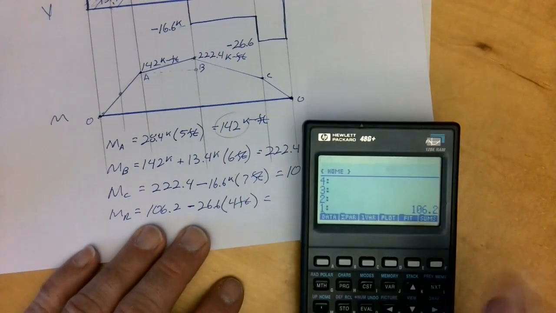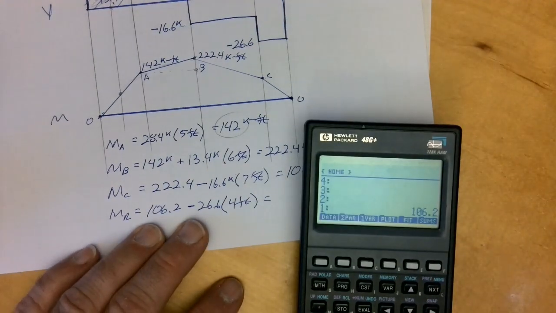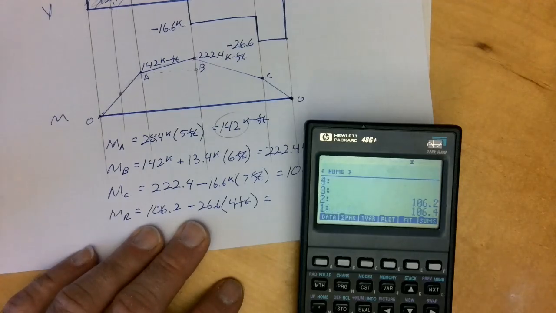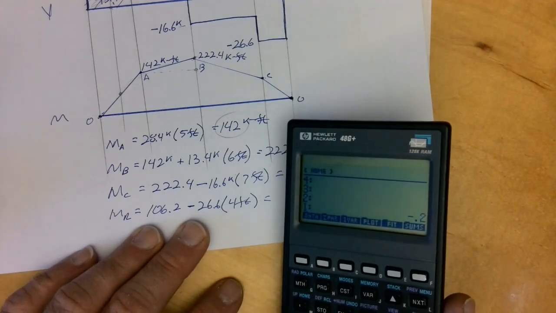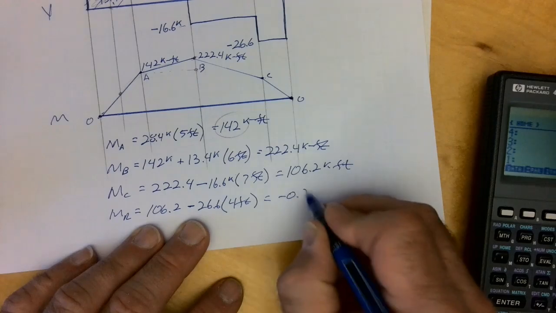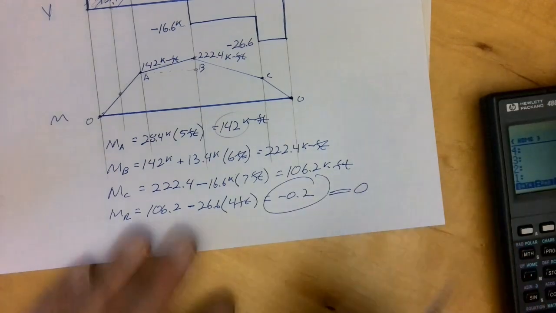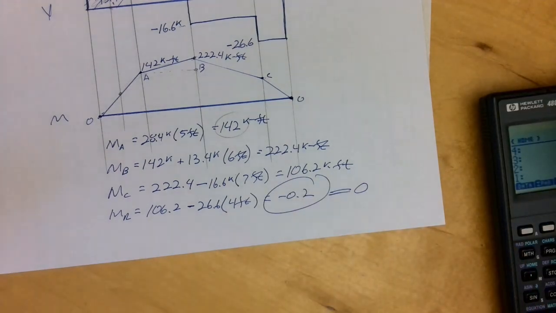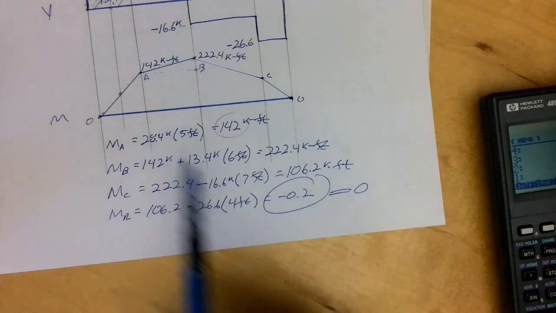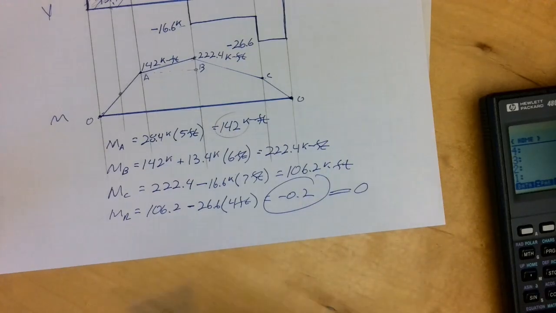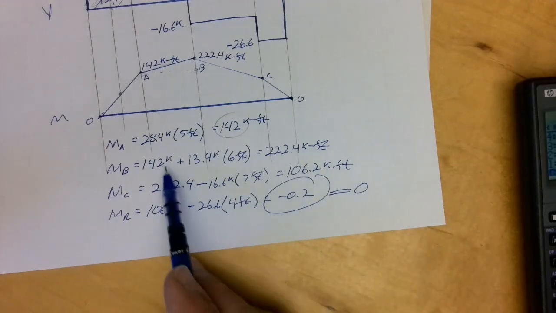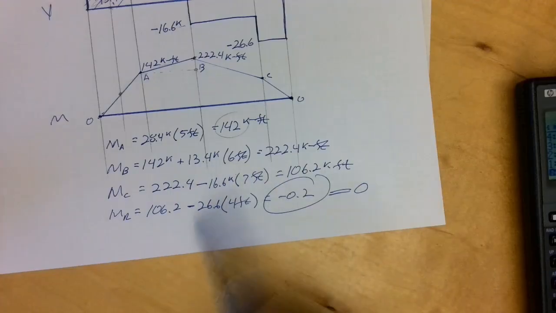I'm being a little loose on my units because now I'm rolling, I'm doing a lot of calcs. I know that I'm using the right units and I don't need to be as concerned. And I get minus 0.2, which is close enough to 0 to say that's okay, and it's really a matter of rounding error throughout that gives me that little bit of error here. Had I carried this out to a couple more decimal points, that would be even smaller.